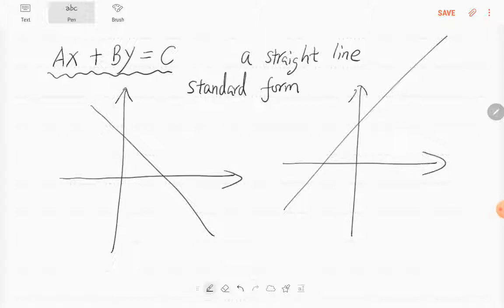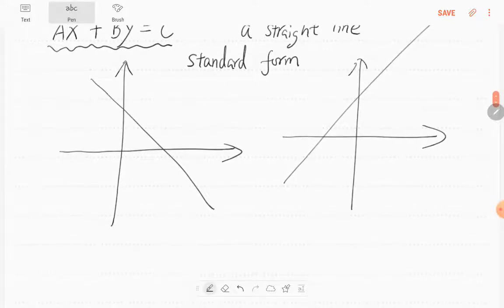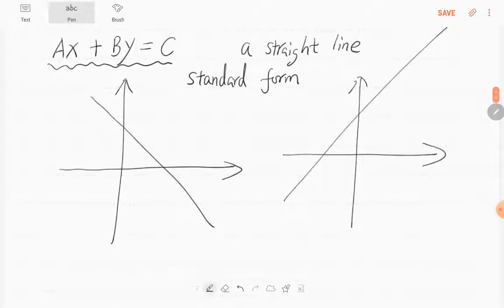Before that, let's look at what are called the x-intercept and the y-intercept. If this line intersects the y-axis at this point, this point is called the y-intercept.